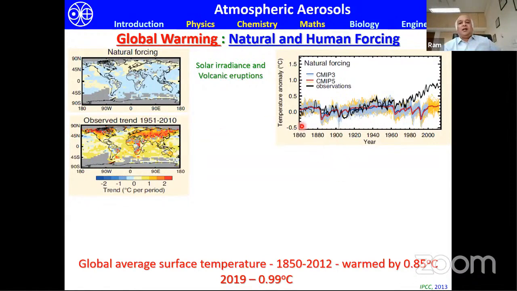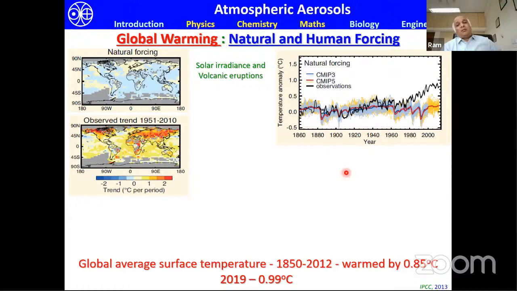So you can see that in the last 160 years or so, after every volcanic eruption, the temperatures have decreased. While the changes in the solar irradiance, which are minimal in the last 150 years or so, did not contribute to any change in the observed temperature.